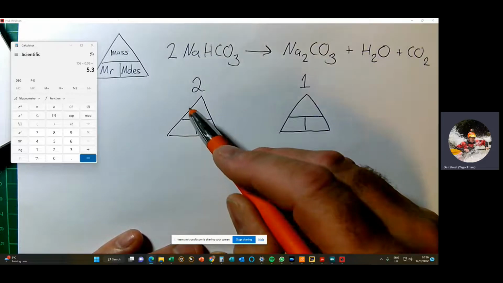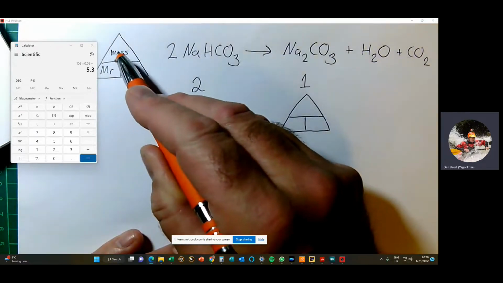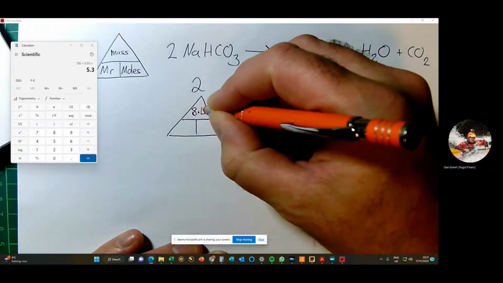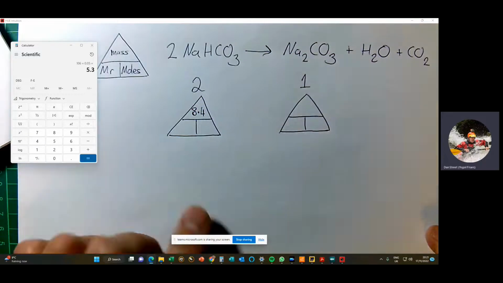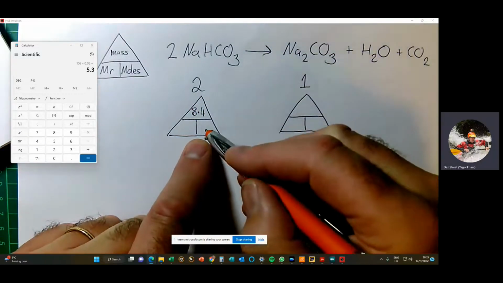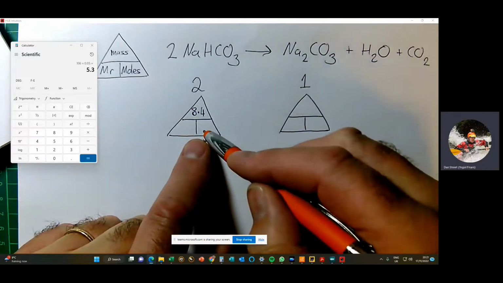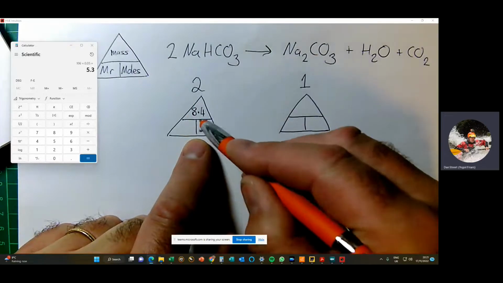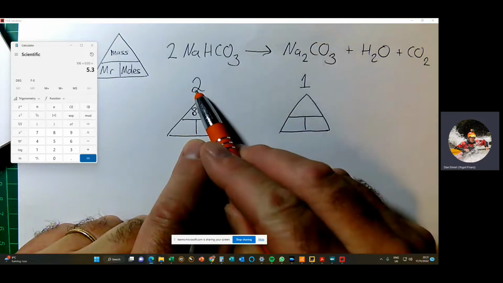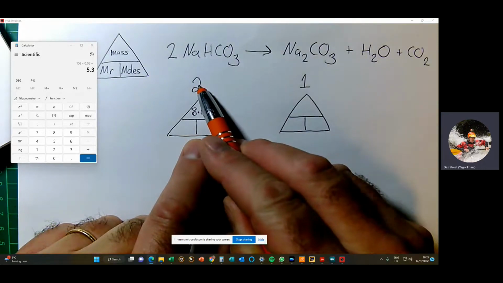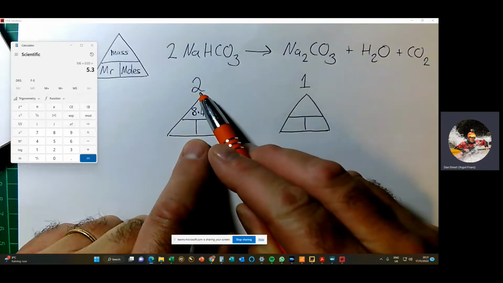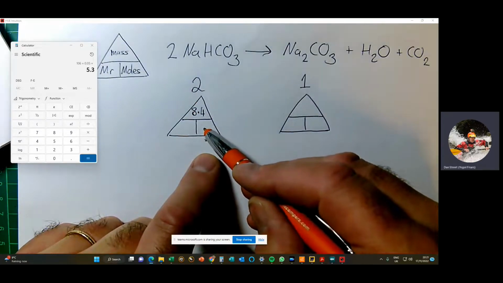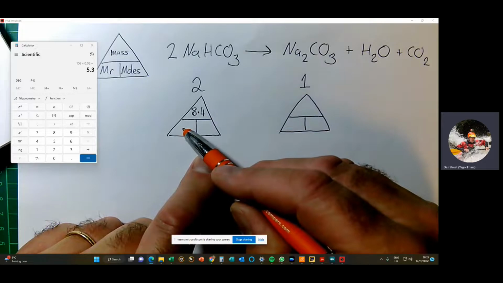Okay, so the 8.4 is the mass, so that we can put up there. And what we need to know is how many moles of sodium hydrogen carbonate that 8.4 tons is. Okay, we know that the proportion of these 2 chemicals is 2 to 1, but we need to know how many moles there are. Okay, so to work out the number of moles, the number that would go there, we need to know the MR.